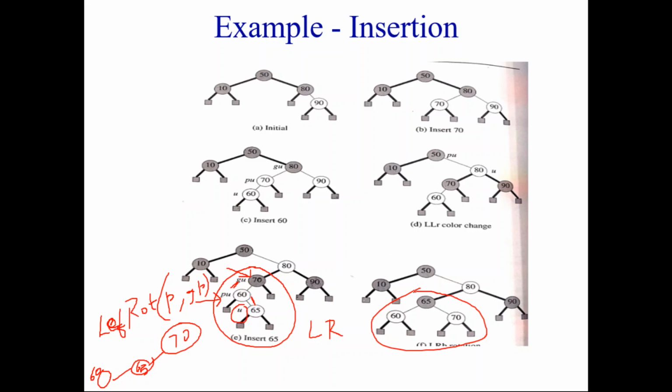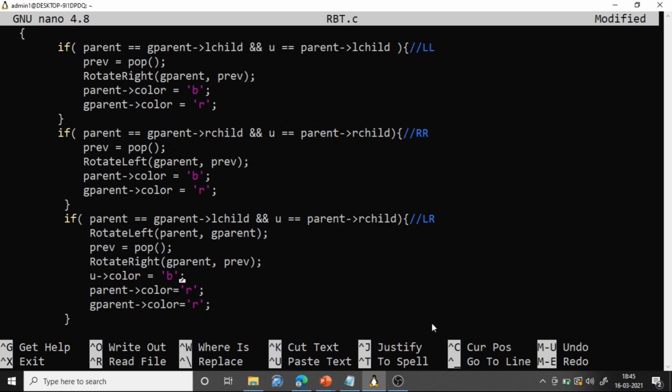In that subtree, whatever you are getting, make the root black in color and both its children red.